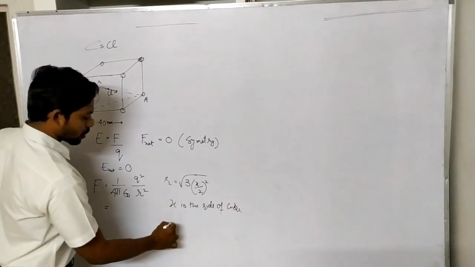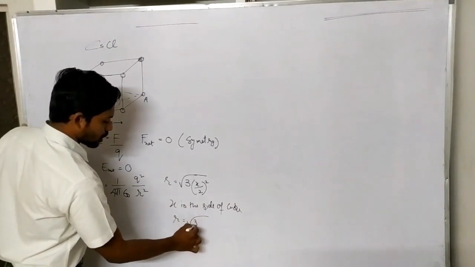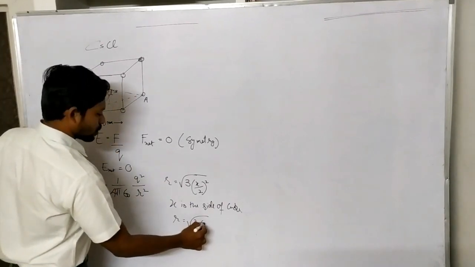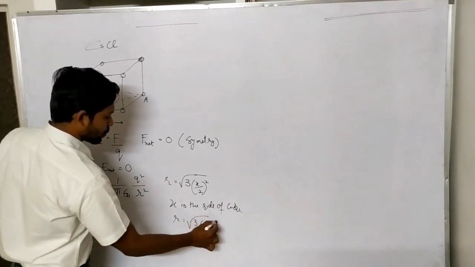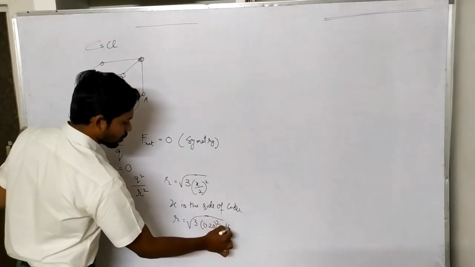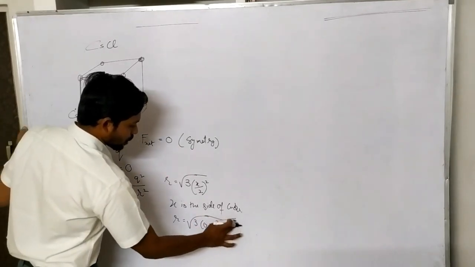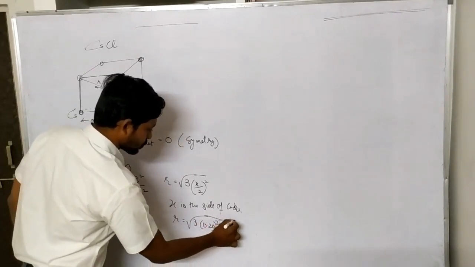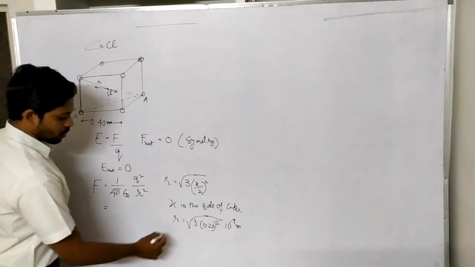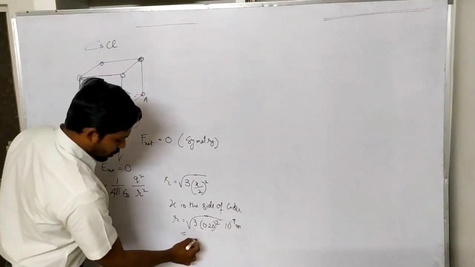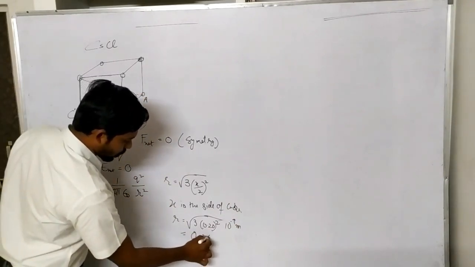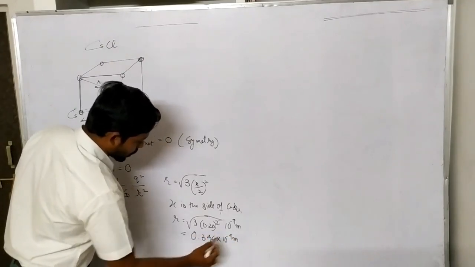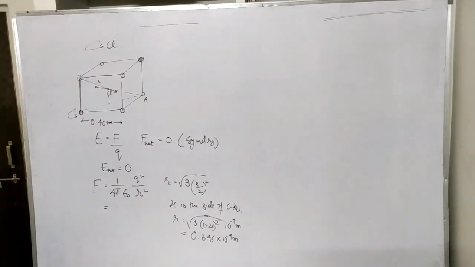So finding that, r is equal to root over 3 into 0.40 nanometer by 2, so it is 0.20 into 10 to the power of minus 9 meter. So we are getting a value around 0.346 into 10 to the power of minus 9 meter. So this is the r value.